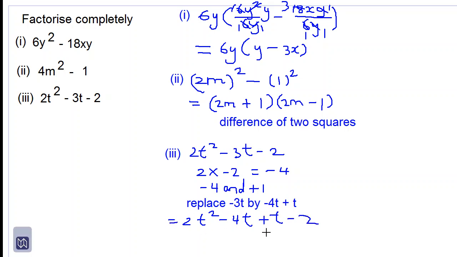So this is what we are factorizing, two terms at a time. We take out the HCF from the first two terms. So we get 2t, and when we factor this out, 2 into 2, 1, and t into t squared is t, minus 2 into 4, 2, and t into t, 1, so we get 2 here, plus 1.